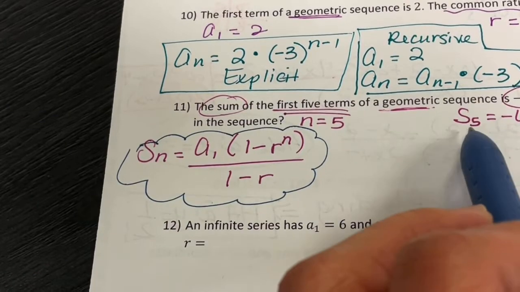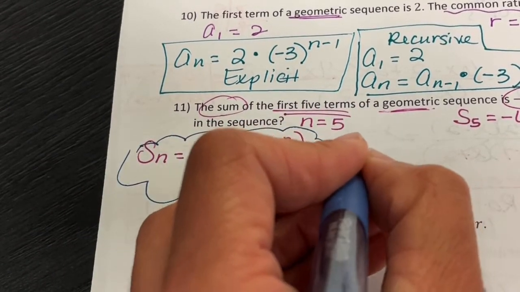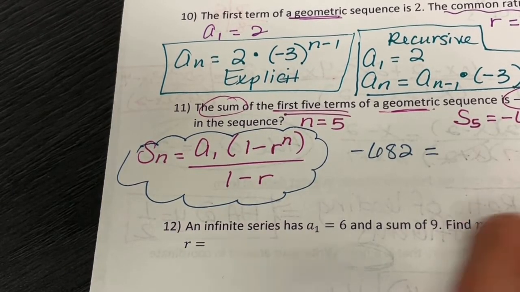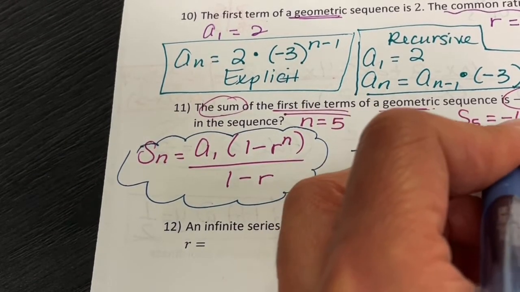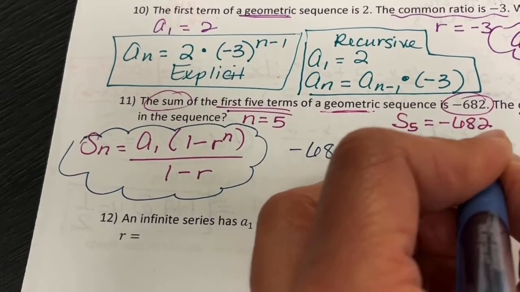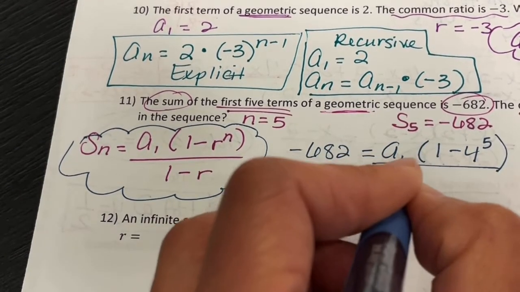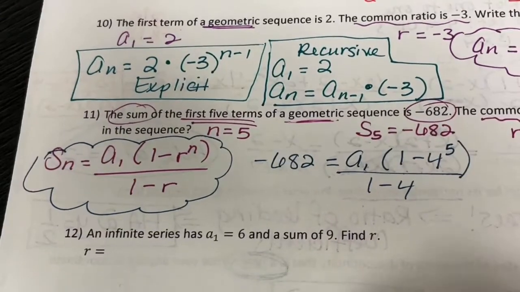They gave us the sum, or S sub 5 is basically S sub n. So negative 682 is equal to the first term I do not know. So it's just a1 times 1 minus, the r is a 4 to the 5th power, because that's our n, all over 1 minus r, so 1 minus 4. Okay, and we need to clean that up.